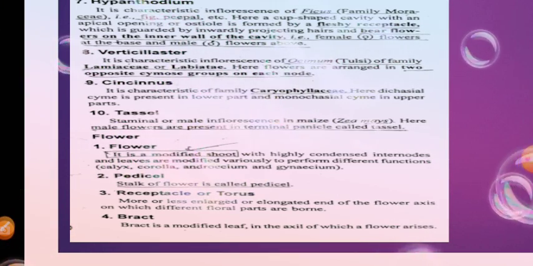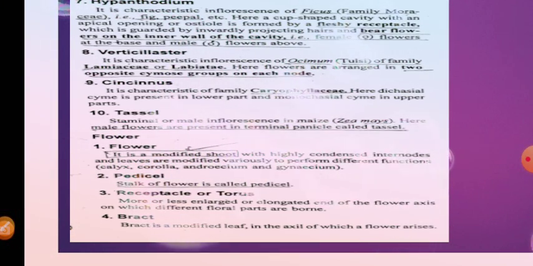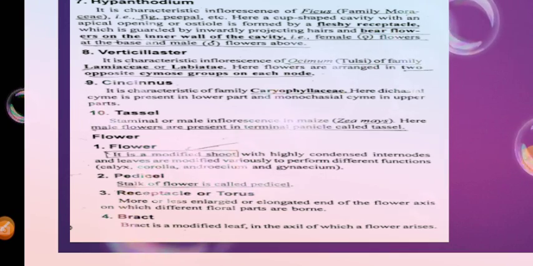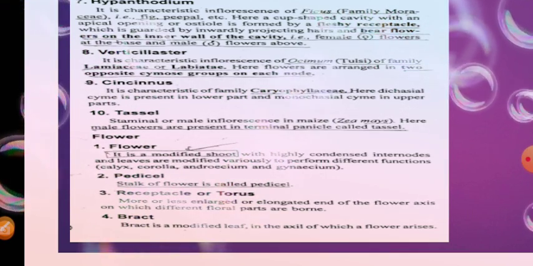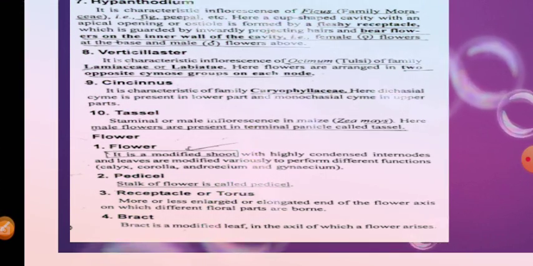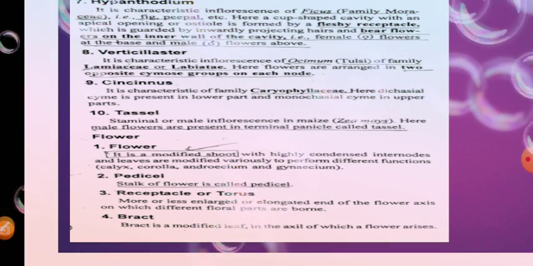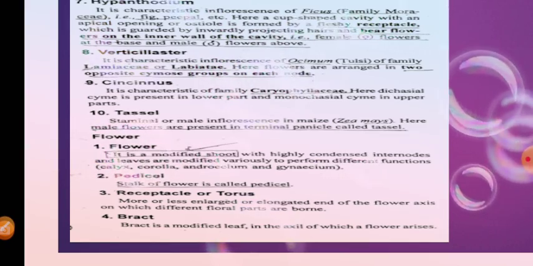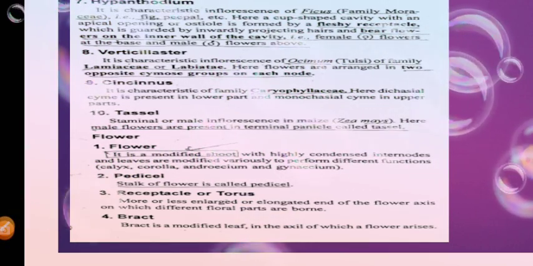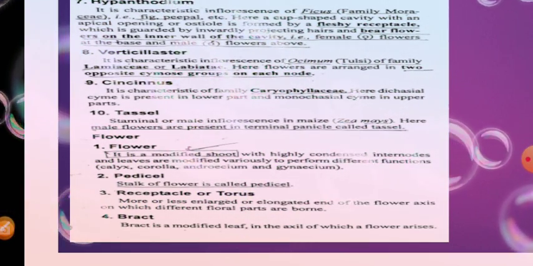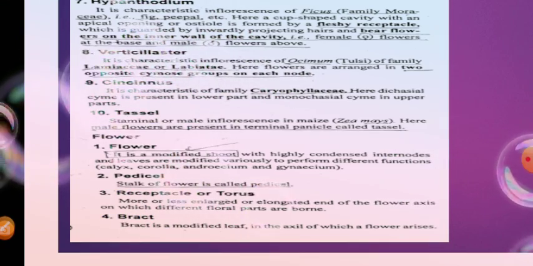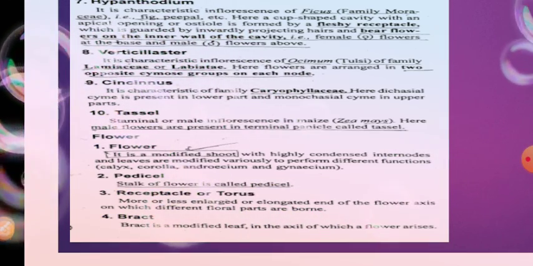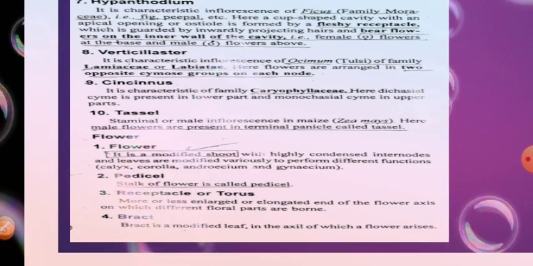The receptacle is the more or less enlarged, elongated end of the flower axis, otherwise known as the torus. Then the bract: a modified leaf in whose axil the flower arises.